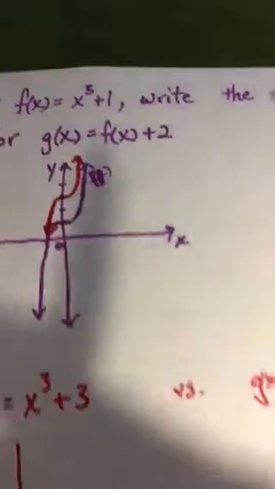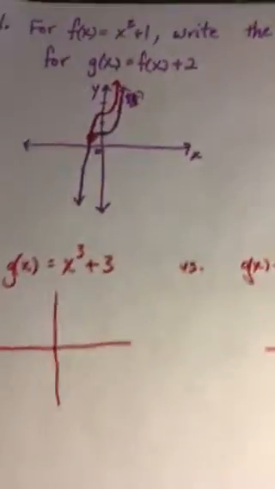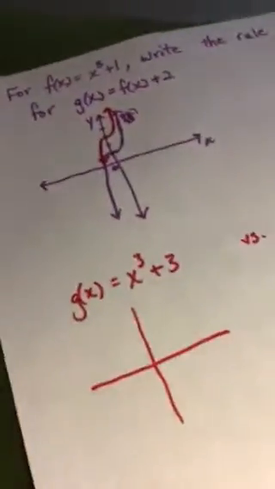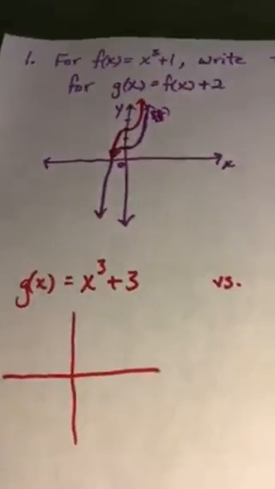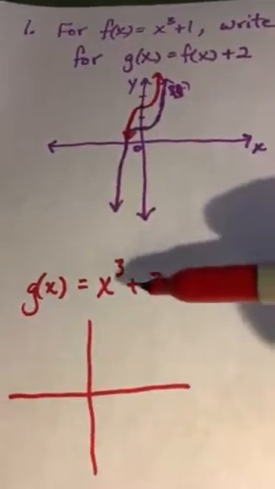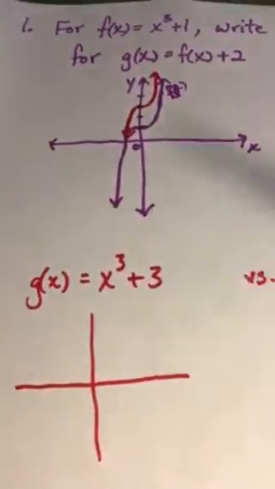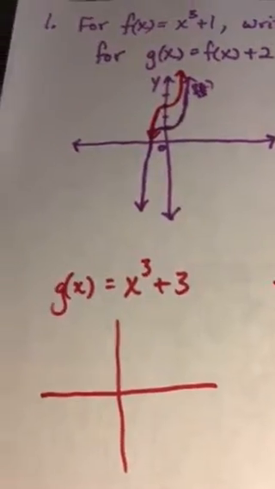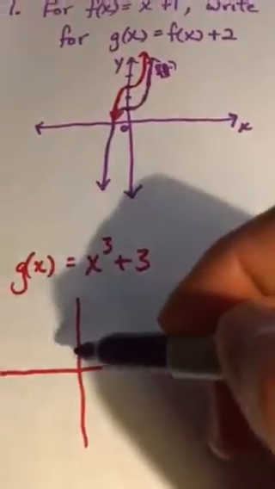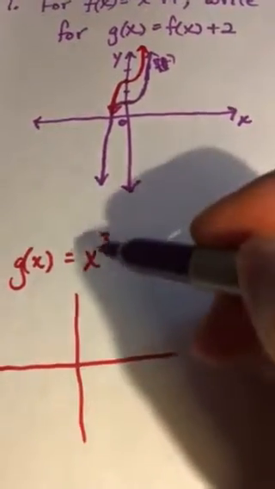Something you should know, and I'm going to bring this down here. Here we just did this example. Something that shifts up 3 units: when you add on, it just shifts it up 3 units from the origin.